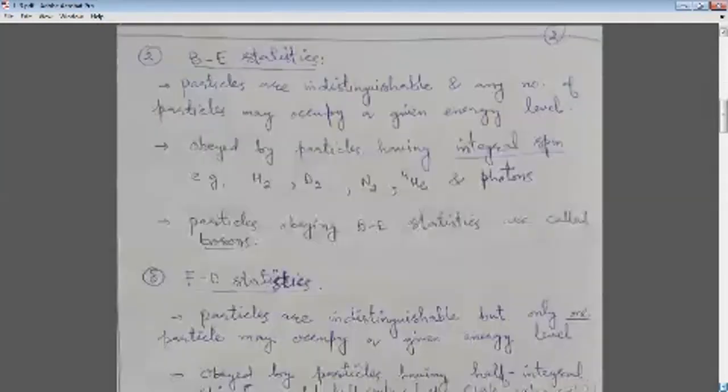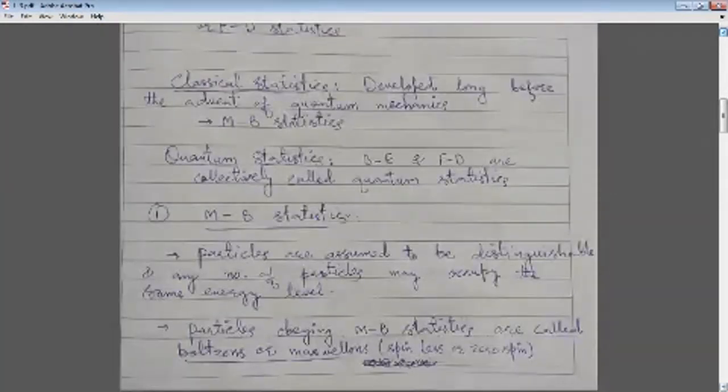First, we will look at MB statistics, that means Maxwell-Boltzmann statistics. In this, particles are basically assumed to be distinguishable. This is very, very important. That means they are distinguished from one another, and any number of particles may occupy the same energy level.